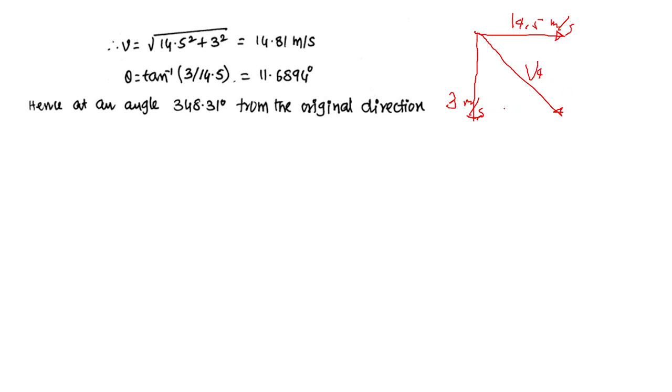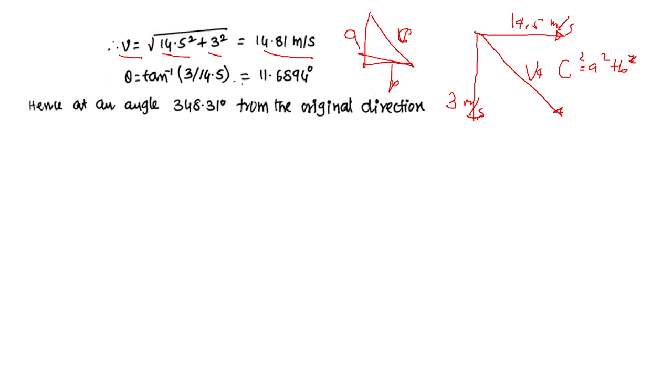By the Pythagorean theorem, in a triangle, C squared is equal to A squared plus B squared. So our C here is V. So with the 14.5 x component and the y component, you get this value of 14.81.